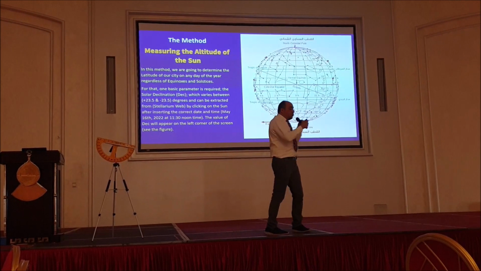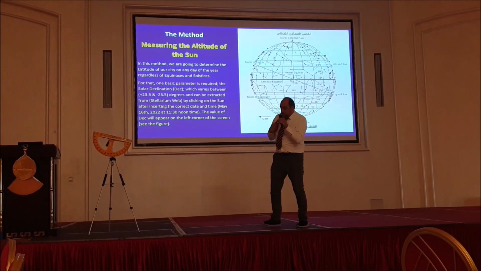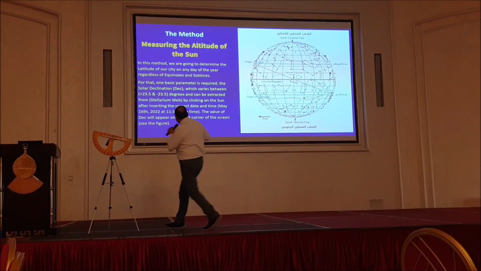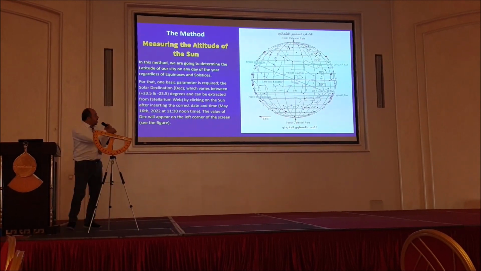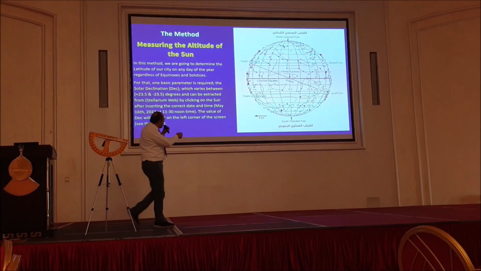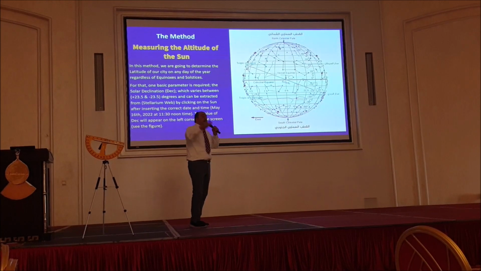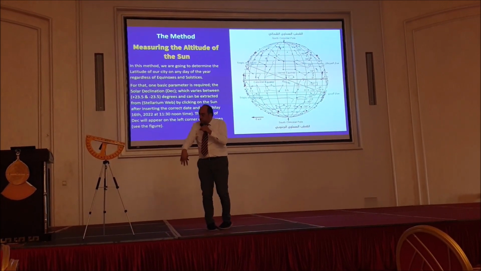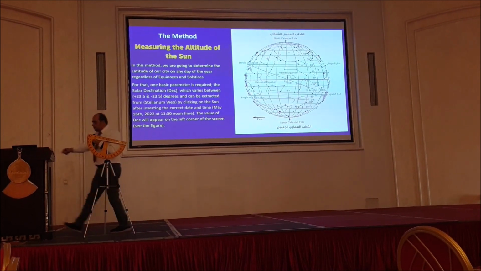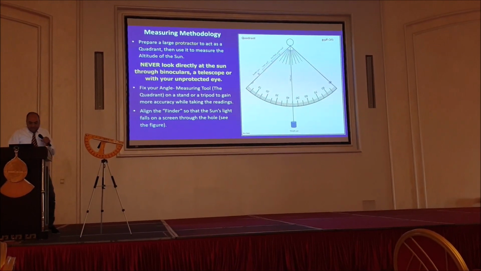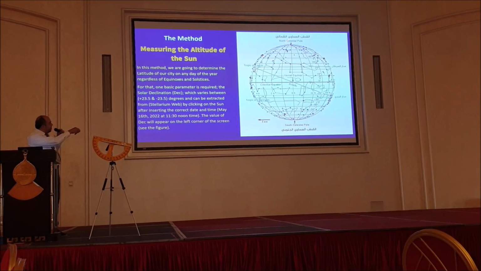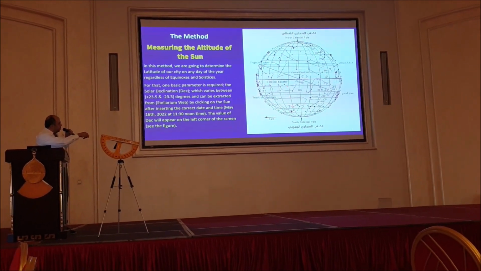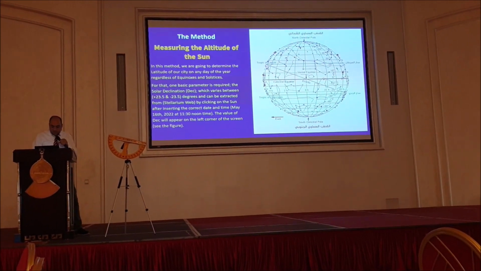So the North Pole of the sky is the North Pole of the Earth, the geographical pole. And our Tropic of Capricorn and Tropic of Cancer are the same on the Earth and the sky, exactly. It means that the sun doesn't move above the Tropic of Cancer or below the Tropic of Capricorn.